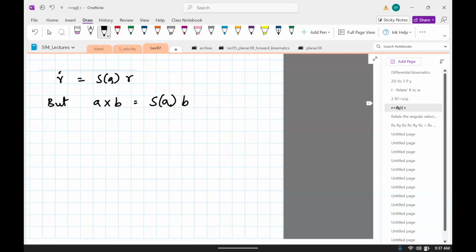This is a 3 by 3 multiplied with a 3 by 1 to give you a 3 by 1, which is also the result of this. So with that, we can write this as R dot equals A cross R.